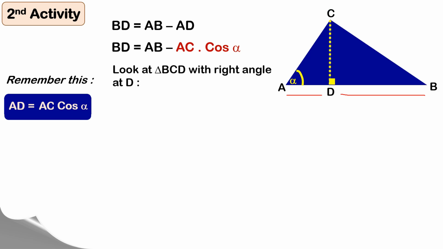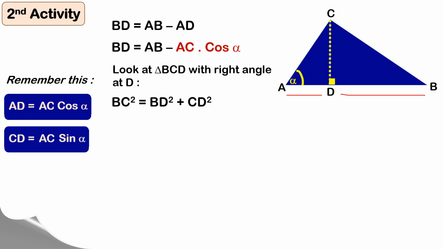Consider the right triangle BCD with its right angle located at point D. In the right triangle BCD, the Pythagorean theorem applies. Previously, we also obtained the equation CD is AC times sin alpha. Therefore, we develop the theorem into a form like this.